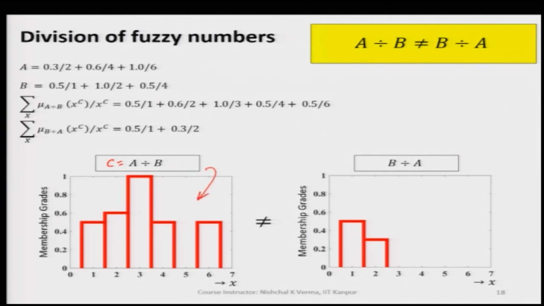So, this is fuzzy number C, this is a C fuzzy set. And here in this case, when we have divided fuzzy number B by fuzzy number A, we have gotten C like this. So, we can clearly say that A divided by B is not equal to B divided by A when we have A and B as fuzzy numbers, and the same is true for the crisp sets as well.